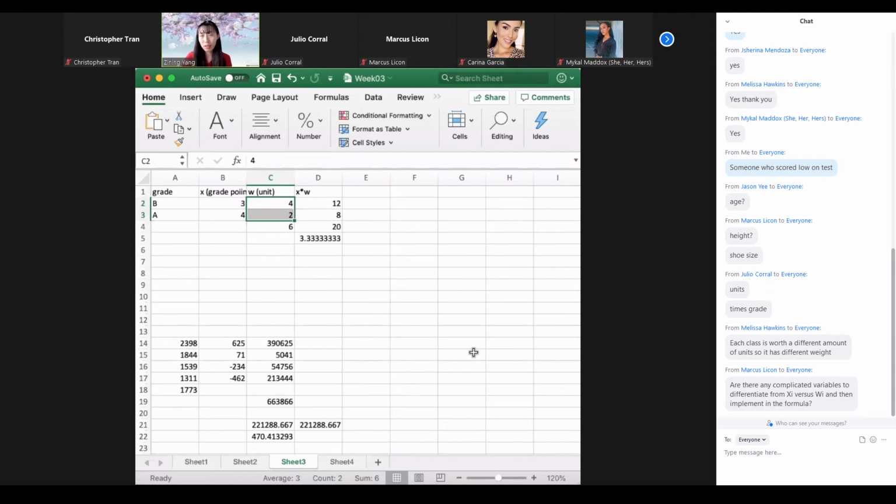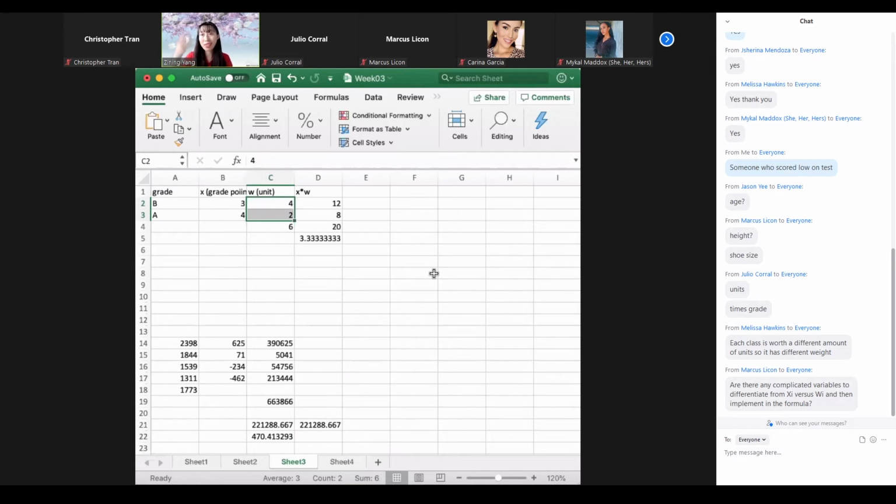And what's X? If you get to calculate the average, or the weighted average of something, that something is the X. So for example, here we're trying to calculate your weighted grade point, right? The weighted average of grade point. So your grade point will be the X. If I'm calculating, let's say, weighted mean salary of all the hourly workers, right?